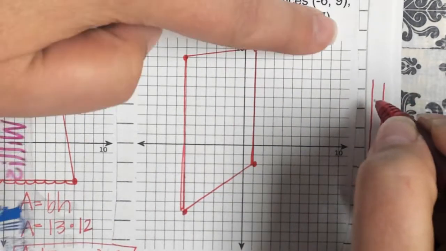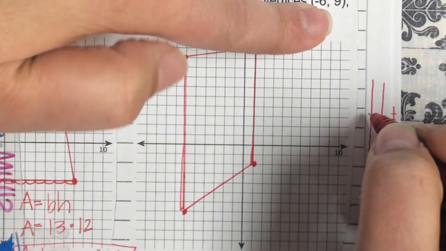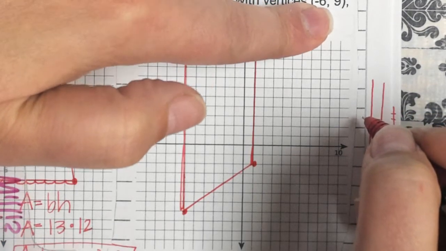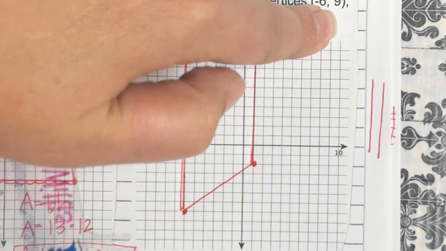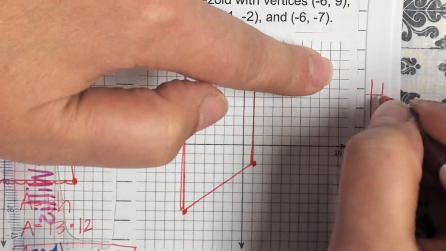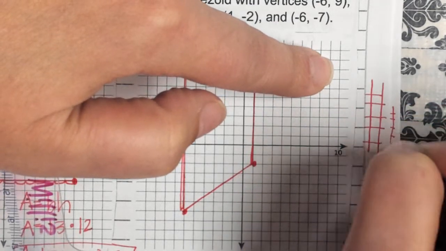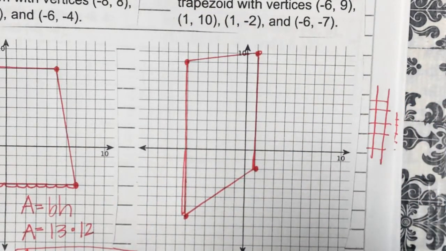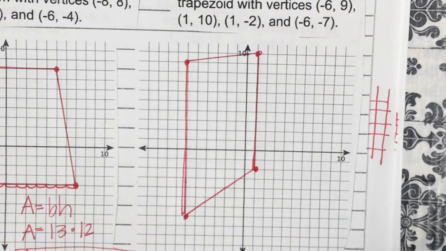The cross ties, have you ever, and don't do this because it is dangerous, but if you ever walked along the train track and you see the little wooden cross ties that are touching both of the rails, these are cross ties. Those lines right there, those will represent your height.